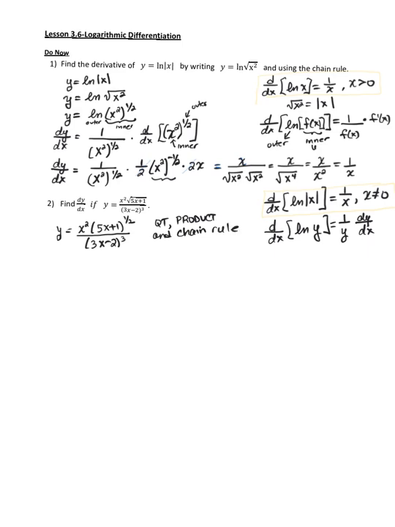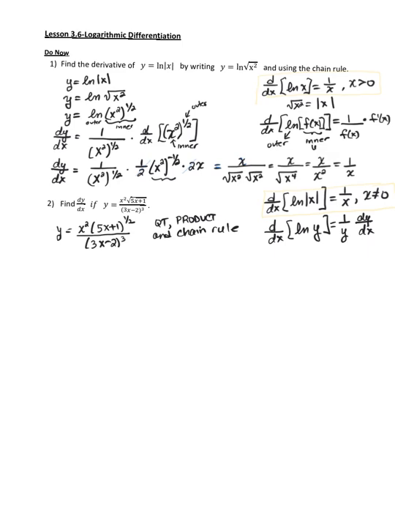Notice that the quotient and product rules are fine. We have exponents, an expression to a power, which would force us to use the chain rule. And that's fine. We can, of course, do that.